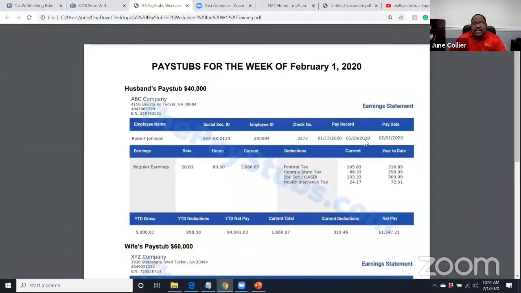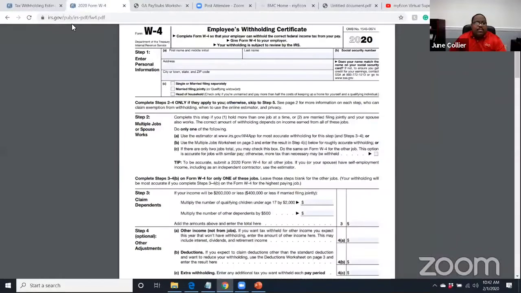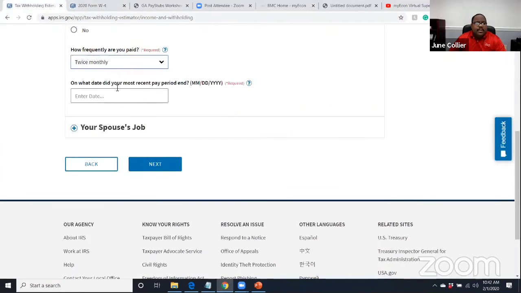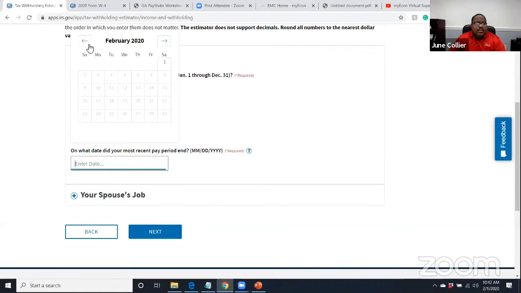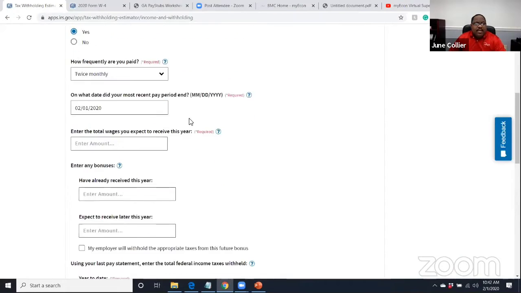They got paid today. The pay period ended on 1/29/2020. So let's put that here on the form. Actually, we'll just do the 1st. They got paid today. All right.